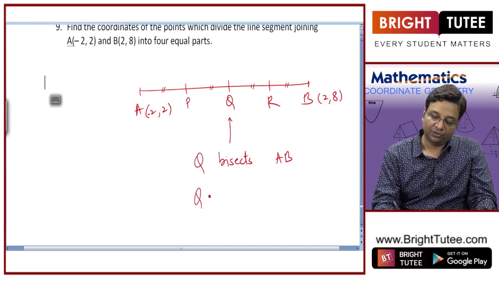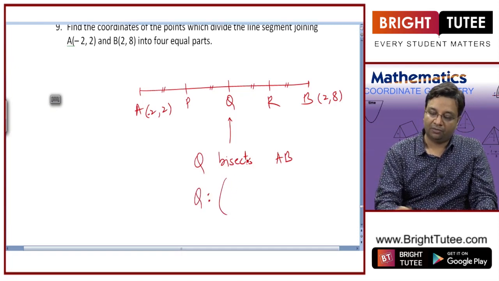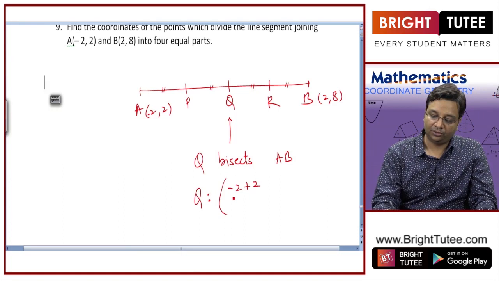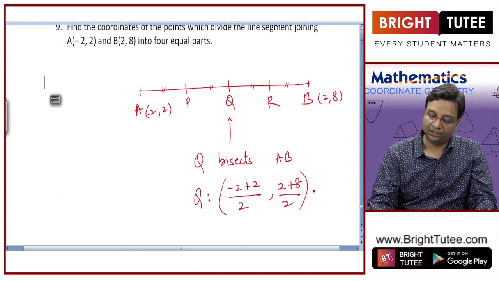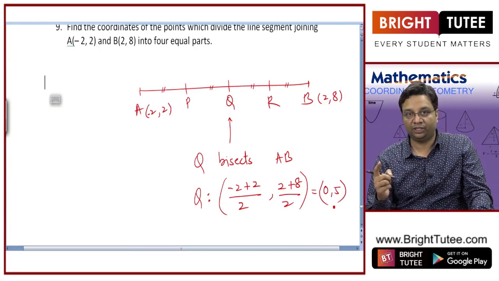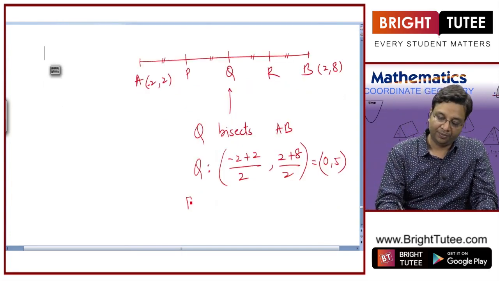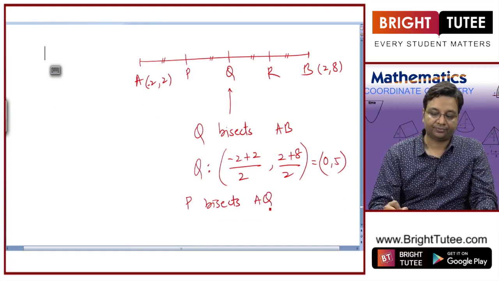So coordinates of Q will be equal to minus 2 plus 2 divided by 2, 2 plus 8 divided by 2, which is equal to 0, and this is 10 by 2, 5. So I have got the coordinates of point Q. Now you see P bisects AQ.